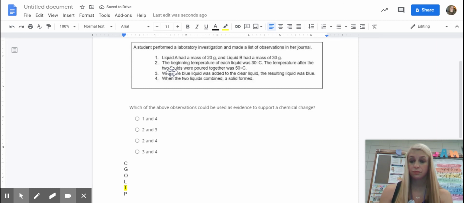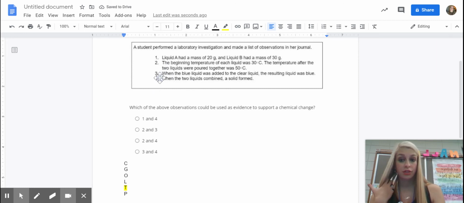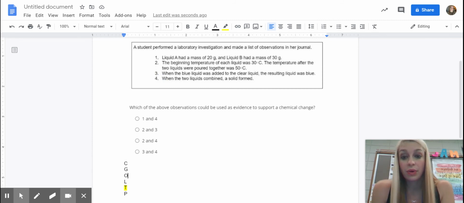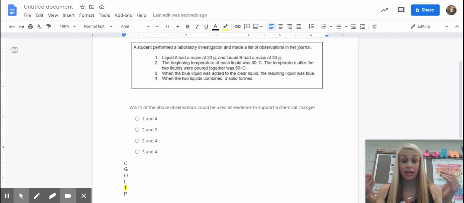So option 3, or observation 3, says when the blue liquid was added to the clear liquid, the resulting liquid was blue. So you have a blue liquid and a clear liquid. They are mixed together. They are blue. Okay, I want you to think about that. Did the color change?